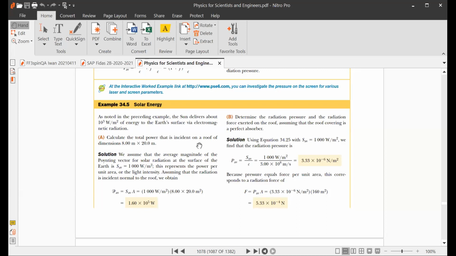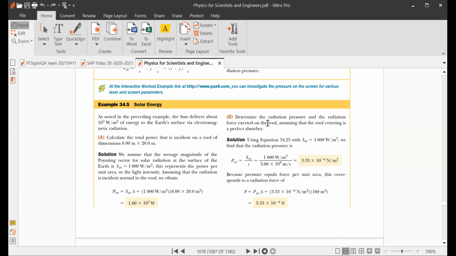Calculate the total power that is incident on a roof of dimension 8 meter times 20 meter. This S average is equal to 1,000 watt per meter squared over the area of the roof. So we get this P average is 1.6 times 10 to the 5 watt.